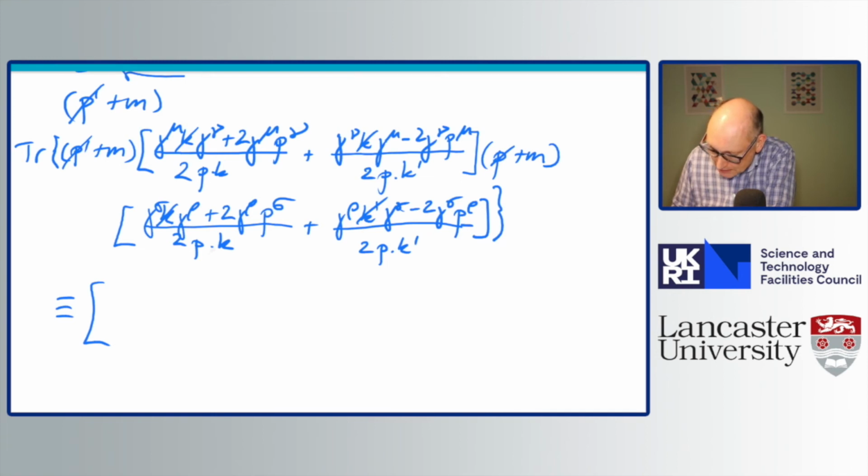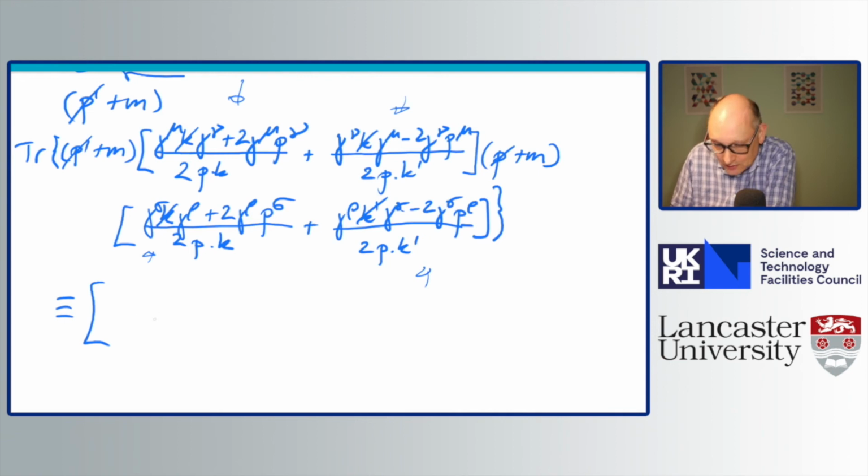But the p dot k prime, even though the denominator is the same, that term can arise either from this term here multiplying that term there, or from this term here multiplying that term there. And even though that gives the same denominator, it gives two different numerators, and because they're matrices in spinor space, they don't commute.